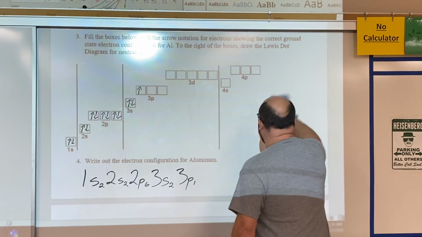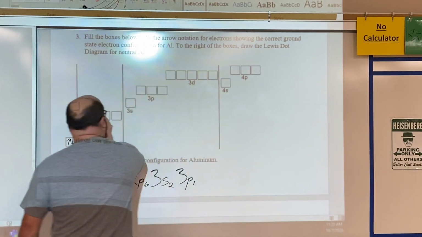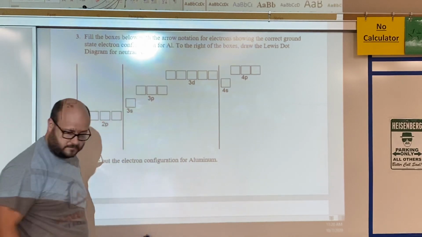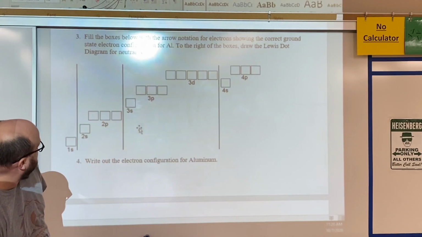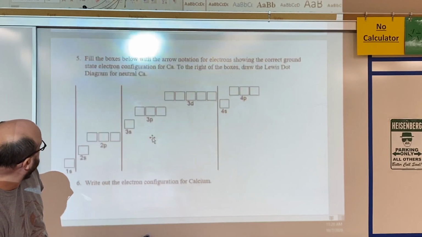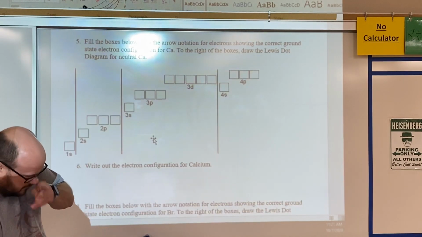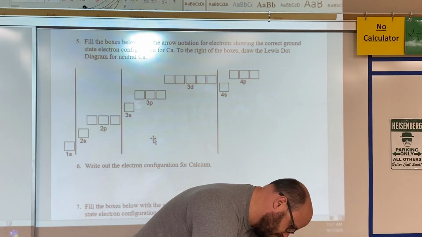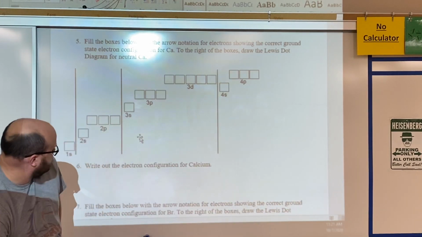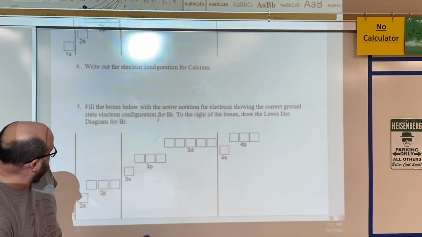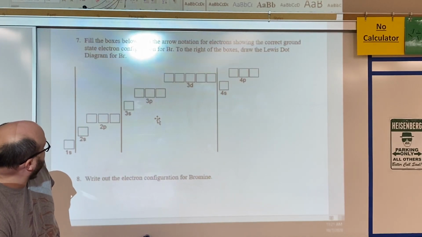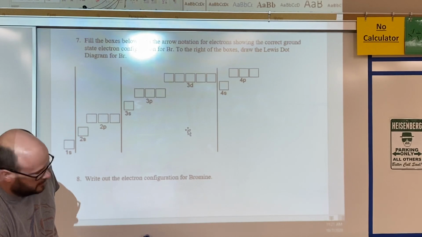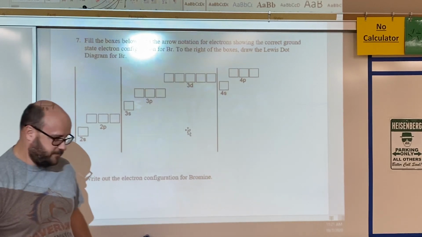All right, let's check out another one. Calcium. Let's see. Let's do bromine. Calcium's not much more difficult than aluminum, so we'll do bromine.